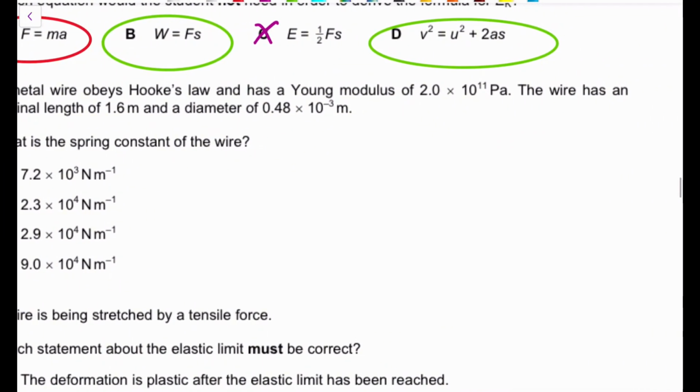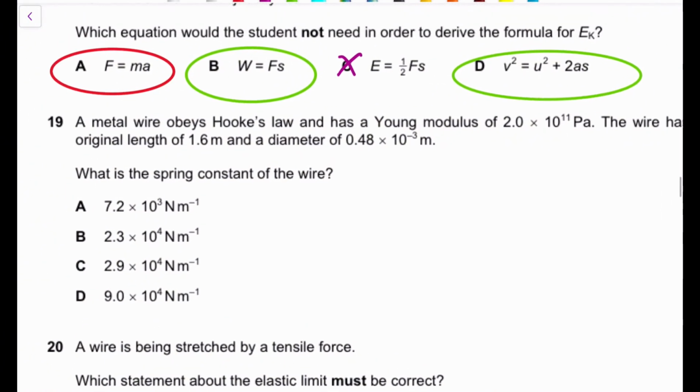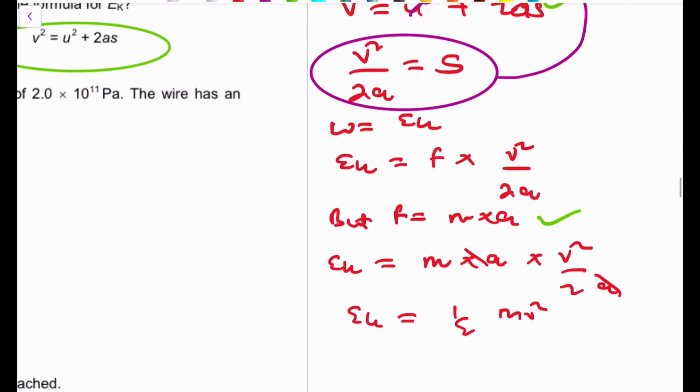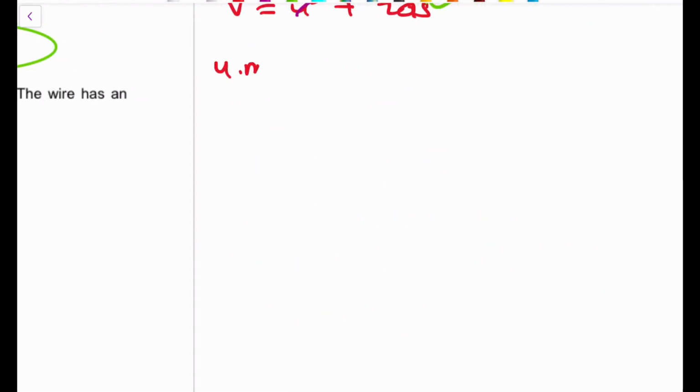We're given a wire that obeys Hooke's law and has Young modulus 2.0 times 10 to the power of 11. The wire has a final length of 1.6 and a diameter of 0.48. How do we work this out? We know that the Young modulus is the ratio of stress to strain.